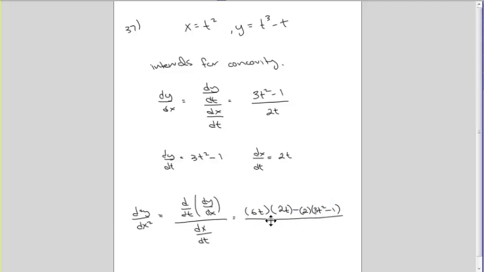So the derivative of the numerator is going to be 6t times the denominator, 2t, minus the derivative of the denominator, which is 2, times the numerator, 3t squared minus 1, divided by 2t quantity squared. So that is this part. And then we have dx dt, which we've already done. So let me have a page.